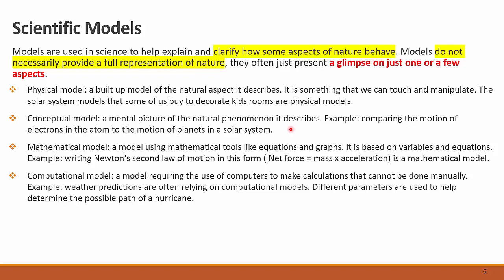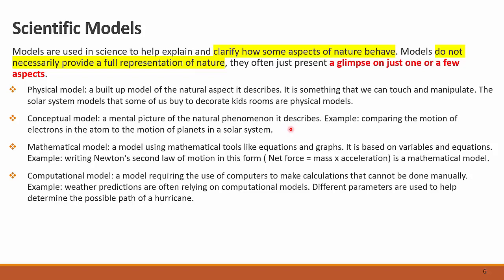Whenever you say that, you visualize the electrons going around the nucleus like the planets going around the sun. Electrons do not move exactly like that around the nucleus in nature. But that gives us a simple model to help explain some of the properties of the atom.